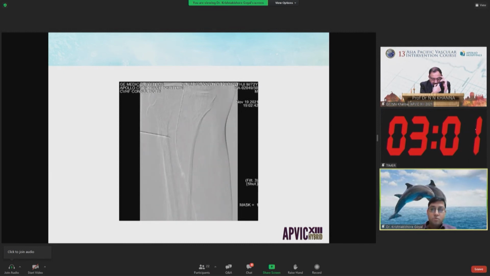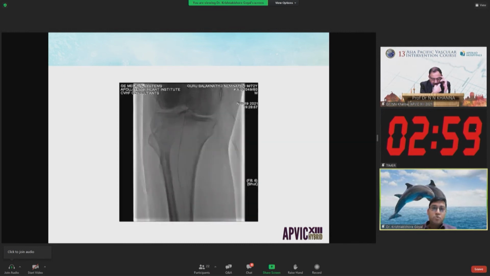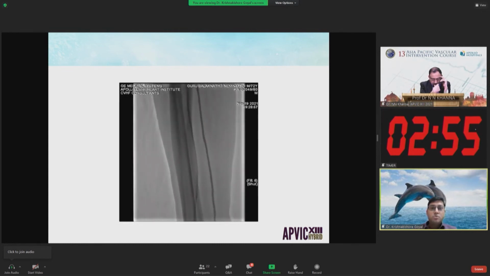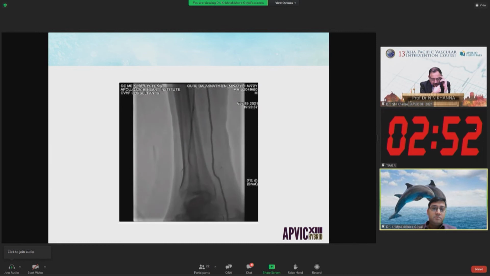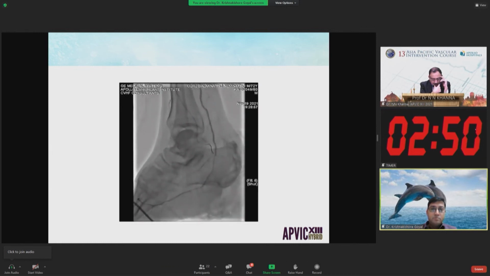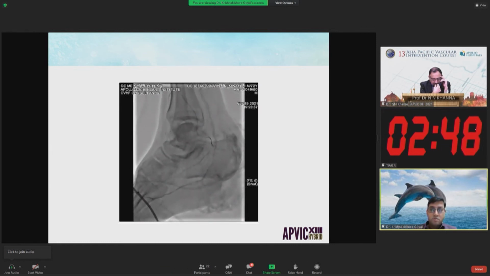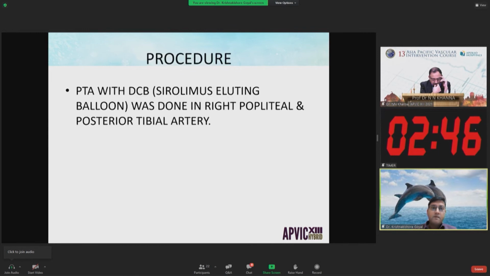So the flow was good, and we just took one contrast image just to confirm whether the flow is good or not. So it was done with sirolimus eluting balloon in right popliteal and posterior tibial.